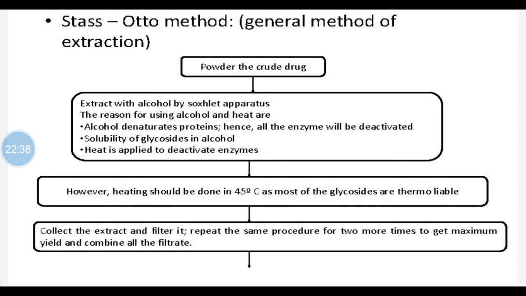They are thermolabile. Then collect the extract and filter it. Repeat the same procedure two or more times to get maximum product, and combine all the filtrates. So that is the important method of extraction, called the Stas-Otto method.